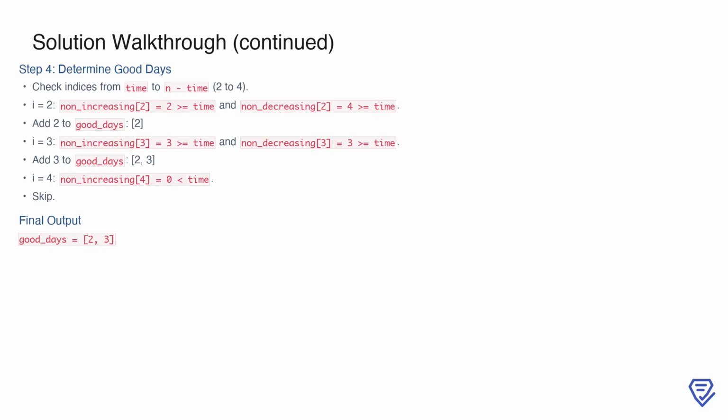At index 2, both conditions are satisfied because non-increasing 2 is 2 and non-decreasing 2 is 4, both greater than or equal to time. Therefore, we add day 2 to the good_days list. Similarly, at index 3, the conditions are also met, so we add day 3 to the list. However, at index 4, the non-decreasing value is less than time, so we skip this day. After processing all relevant indices, the final result is that days 2 and 3 are good days to rob the bank.